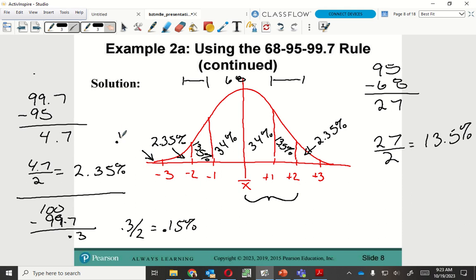So 0.15% there, and also 0.15% there. There we go. Let me draw this out a little bit longer.